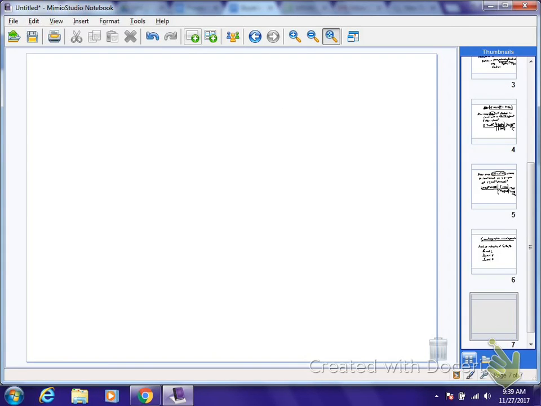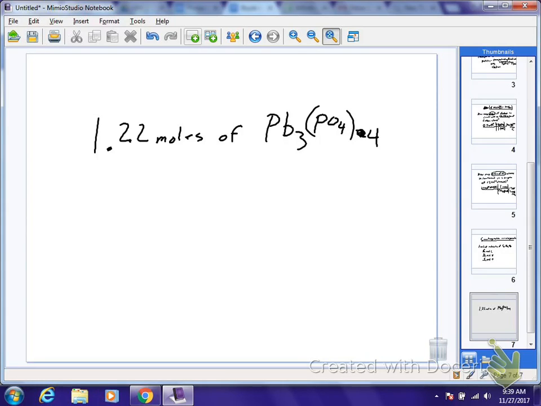So I'm going to say I have 1.22 moles of this compound. Okay, so how many moles of lead do I have? So moles of lead, moles of phosphorus, and moles of oxygen.